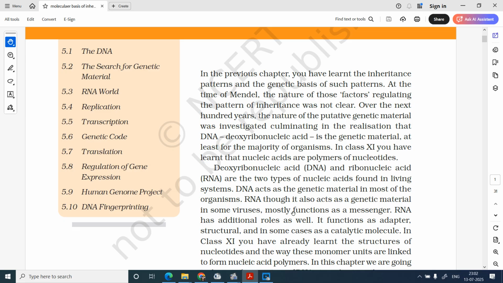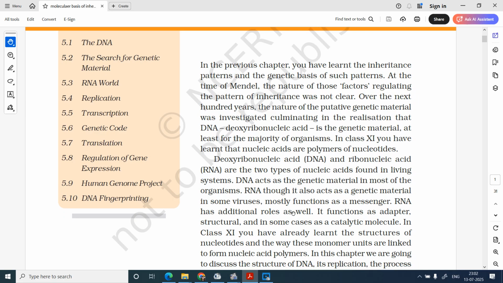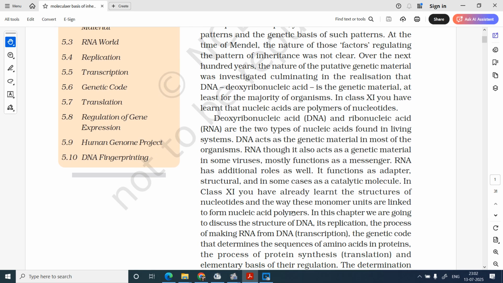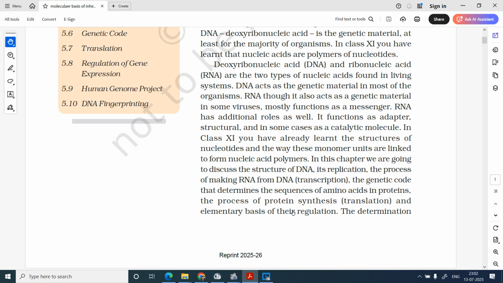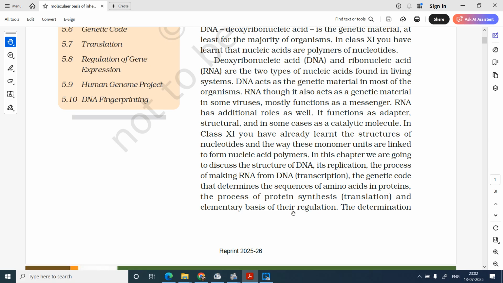In class 11th you have already learned the structure of nucleotides and the way these monomer units are linked to form nucleic acid polymers. In this chapter, we are going to discuss the structure of DNA, replication, the process of making RNA from DNA (transcription), the genetic code that determines the sequence of amino acids in proteins, the process of protein synthesis (translation), and the elementary basis of their regulation.